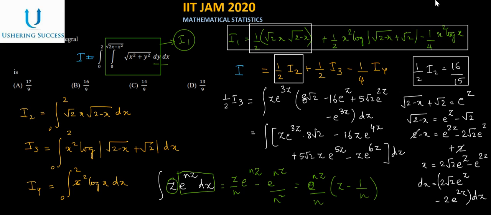So this is the form of the integral of z e to the power nz dz. So we'll use this for all the four integrals that we'll do right now.